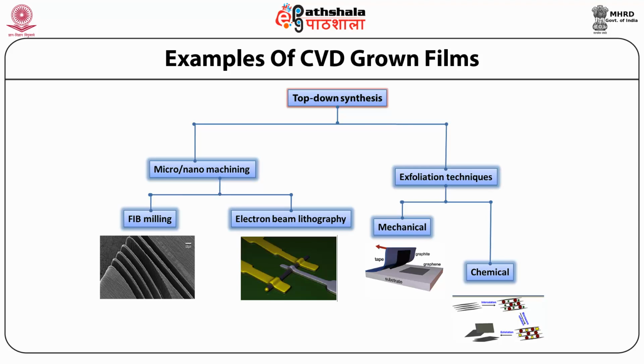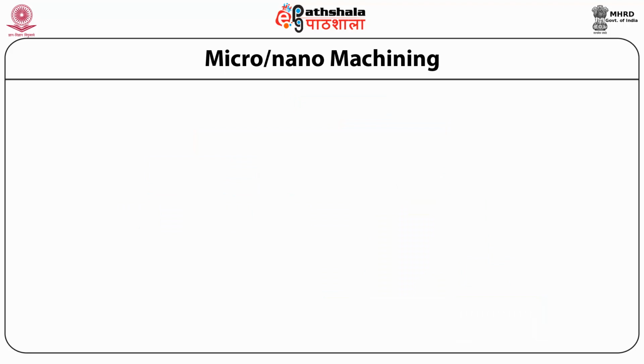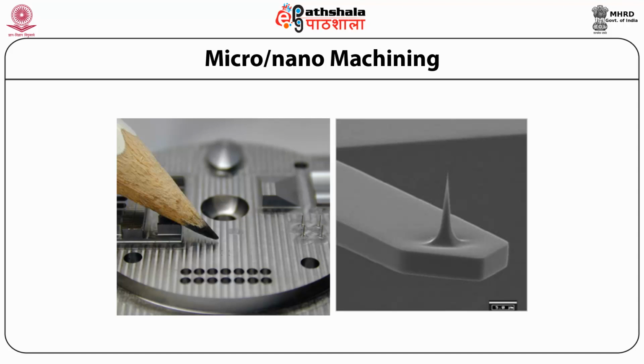Next is the exfoliation technique, which is again of two types, that is mechanical and chemical. So students, let us first discuss the micro-nano machining.